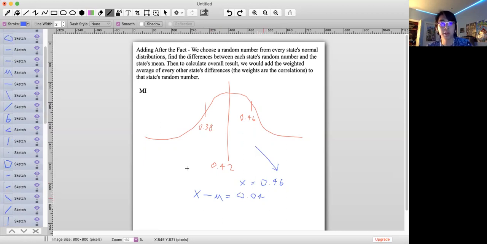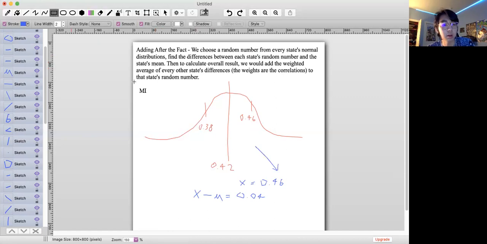So we do the same thing for all the other states and DC. We create a normal distribution based on each state's standard deviations and their means, and then we take some random number from that normal distribution for each state, and then calculate that difference between the mean and that random number for each state. So by the end of that first sentence, we have 51 differences, right?